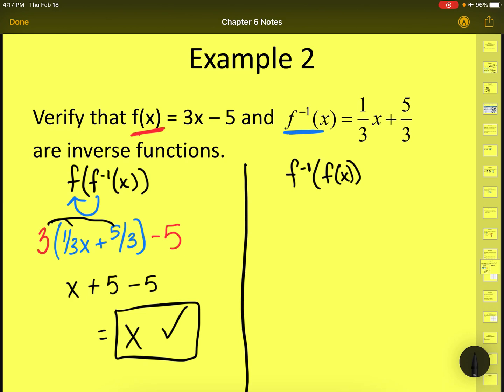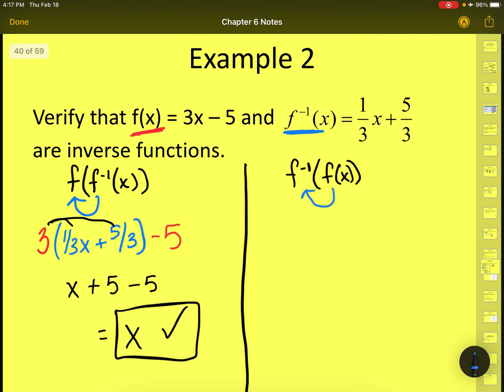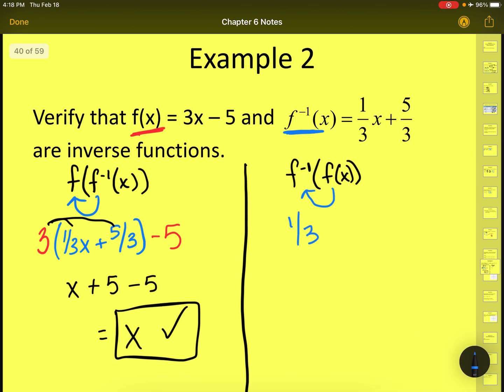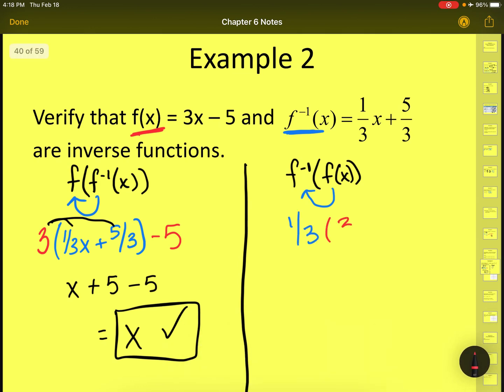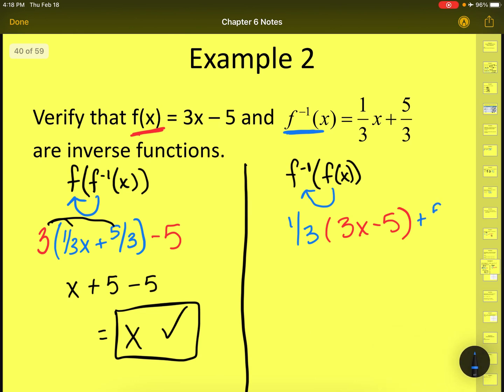But we have to make sure that the other composition works too. We have to take regular function f and plug it into the inverse. So the inverse starts out with 1/3. And instead of x, we're filling it in with function f. But we can't forget to tack on that 5/3 that was part of the inverse of f.